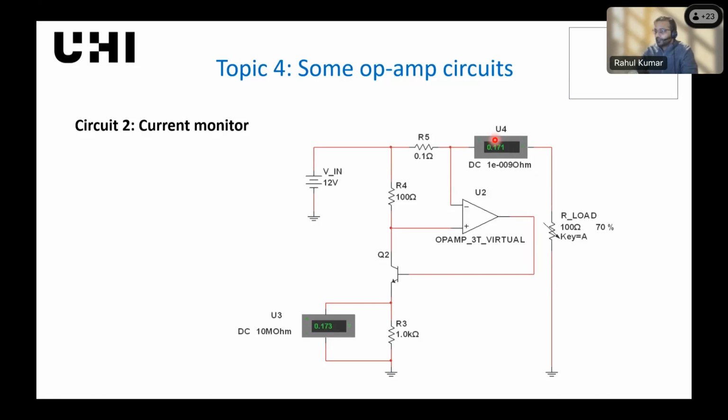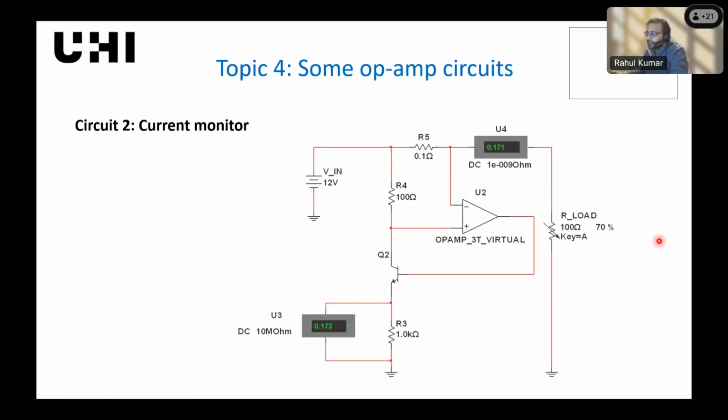So this is an interesting circuit, and we can have a look at it in Multisim. Instead of using the ammeter, we can use a voltmeter, and that voltmeter will give us the same number in volts as your current, right? So instead of amperes, the voltmeter will give us the value in volts, the same number.